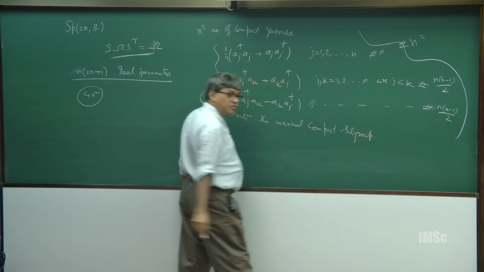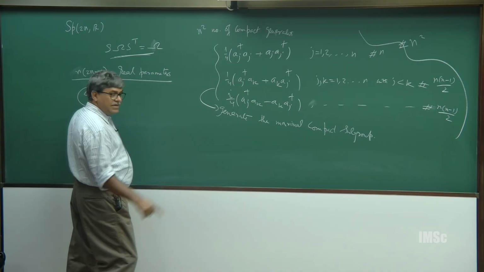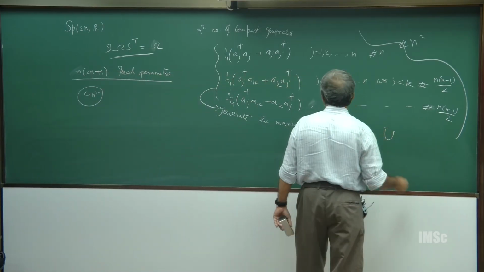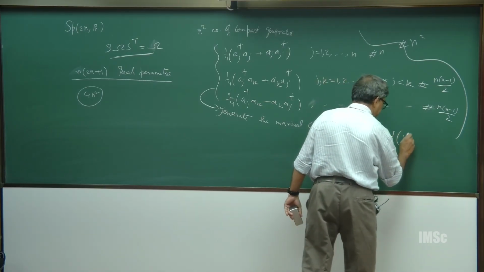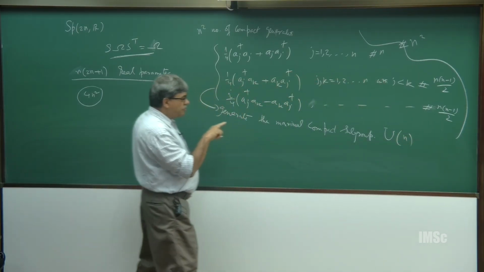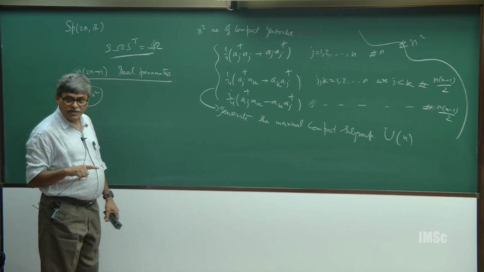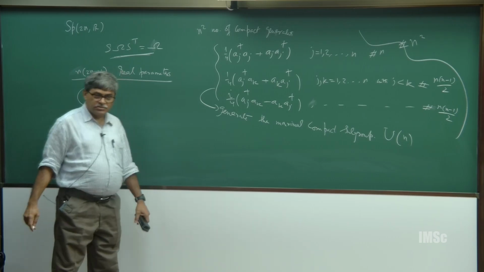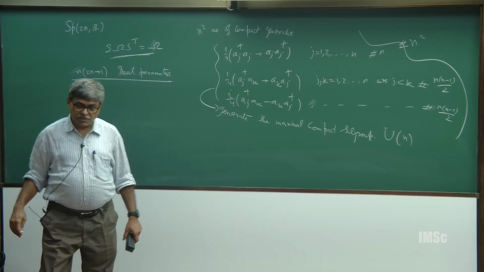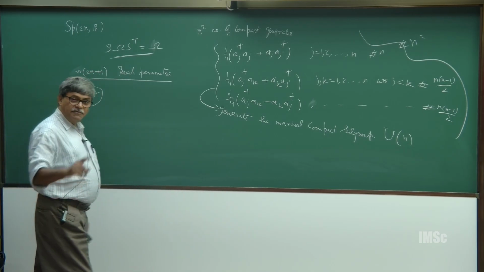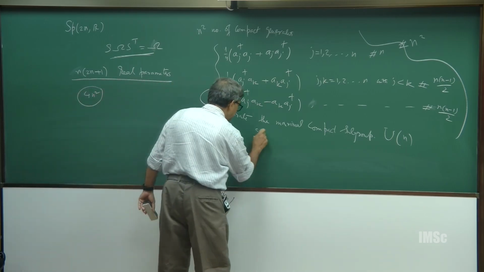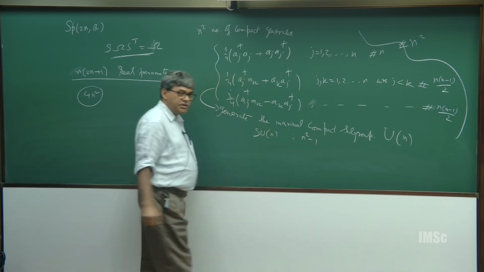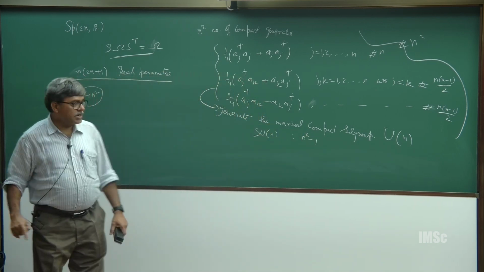And what is that maximal compact subgroup? Basically, this is your subgroup U(n), the group of n by n unitary matrices, and it will have n square generators. If it is SU(n), then the generators will be n square minus 1 because of the determinant condition, but here it is n square.